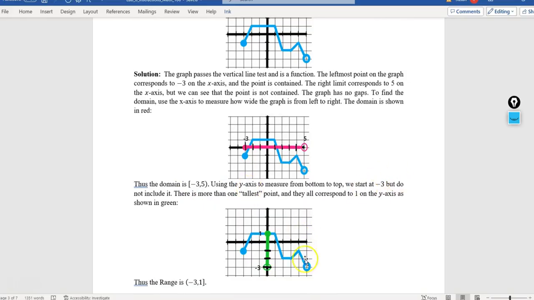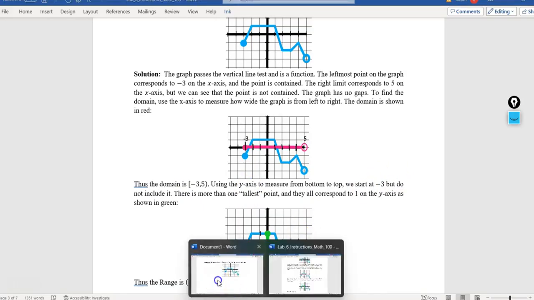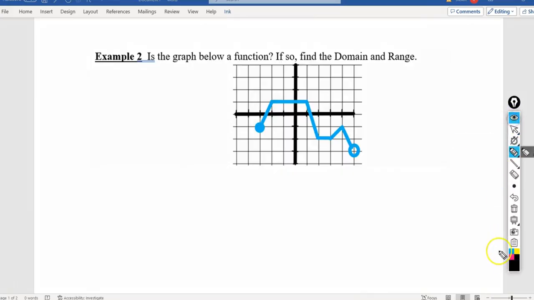Okay, now how do we get range? With the range, you use the y-axis to measure from bottom to top. So I'm going to use the y-axis. Now I look for the bottommost point, and that's going to be here. It's not included, so I'm going to start with that.